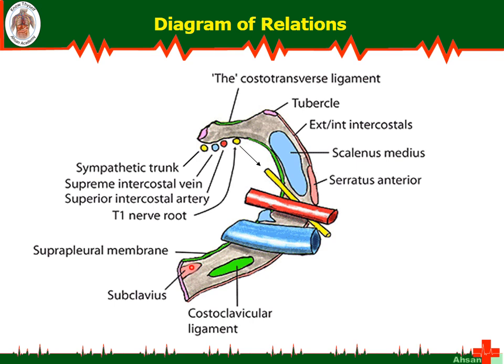This is the subclavius muscle area, and this is the tubercle area, providing articulation with the transverse process by the interosseous ligament. So these are the important attachments and relations you can observe from the superior aspect of the first rib.